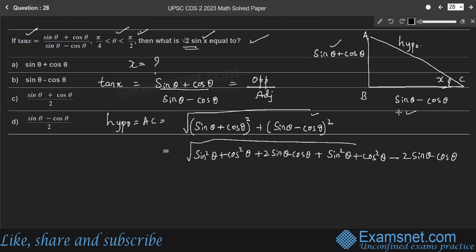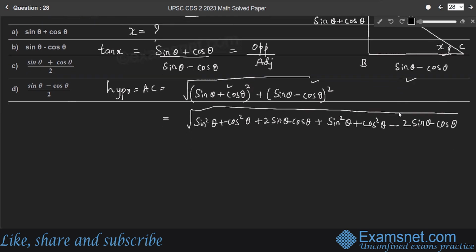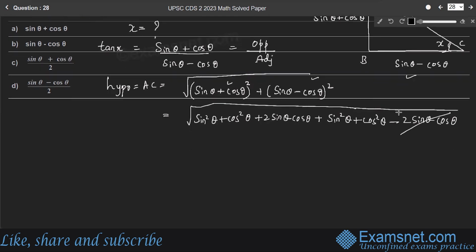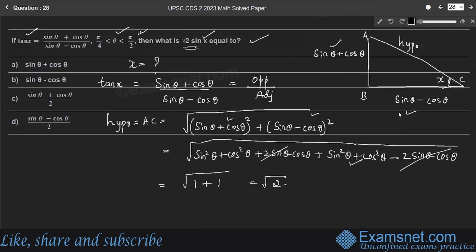Inside the square root we can cancel the two terms 2 sine theta cos theta, and each sine square plus cos square is 1. Therefore, the hypotenuse is square root of 2.